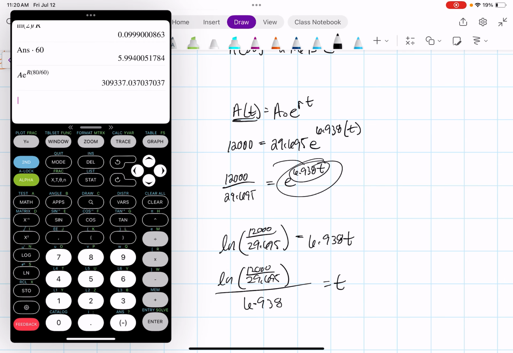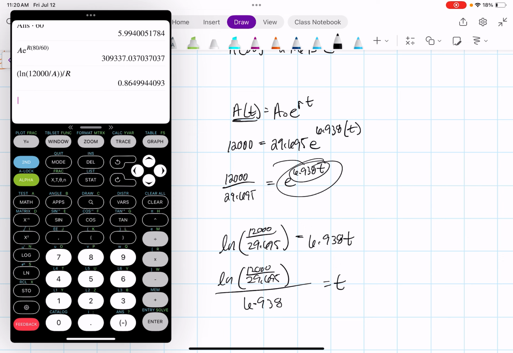So we're going to put that in. Natural log of 12,000 divided by, now remember this 29.69 number, I have that as A, so I put A in, and that whole thing divided by 6.938, which I had as R. And that's just allowing me not to have to type in those long decimals or round them and have some rounding error.